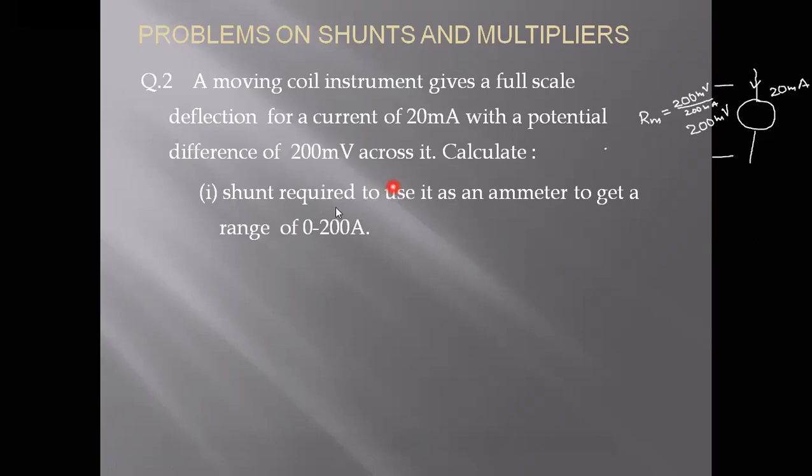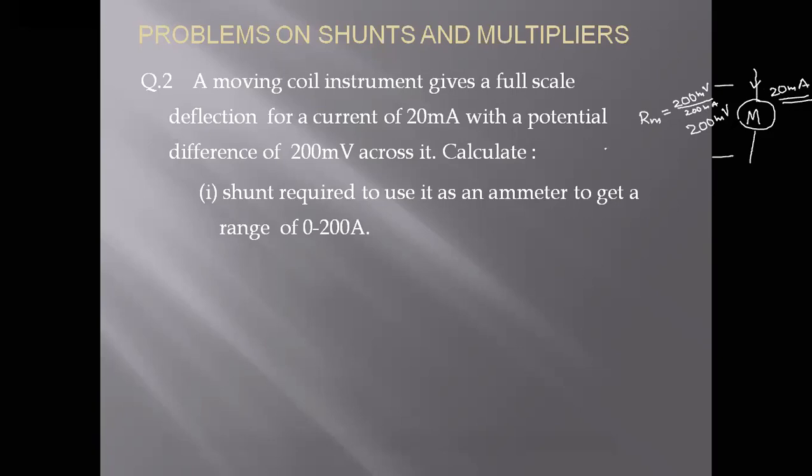Calculate the shunt required to use it as an ammeter to get a range of 0 to 200 amperes. So this is our meter and we have to use it to measure current from 0 to 200 amperes. That means when 200 amperes current flows, the meter pointer should get fully deflected. It should show the maximum full deflection value. But actually our meter is capable of measuring only 20 milliamperes.